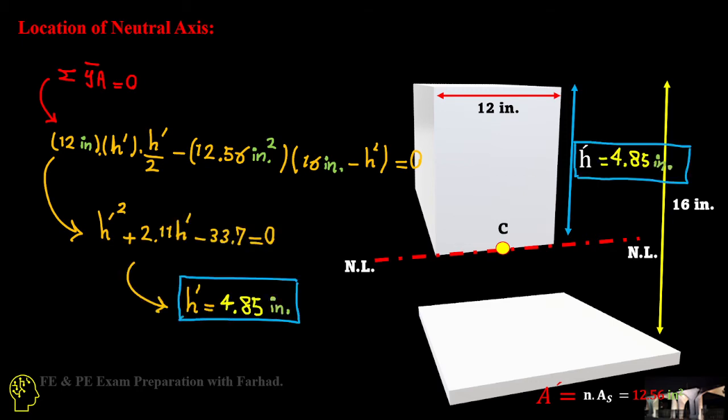That gives us a second degree equation in h prime, and if you solve it for the positive root, it gives us h prime equal to 4.85 inches from the top. And that's the location of our neutral axis from the top of the section.